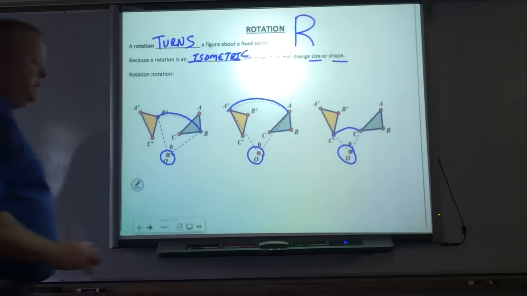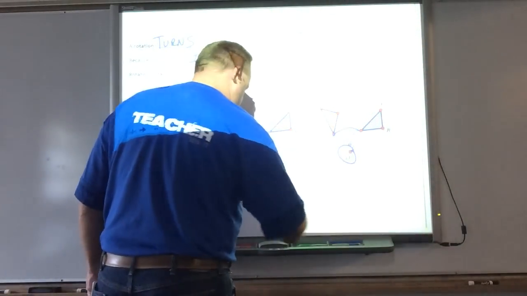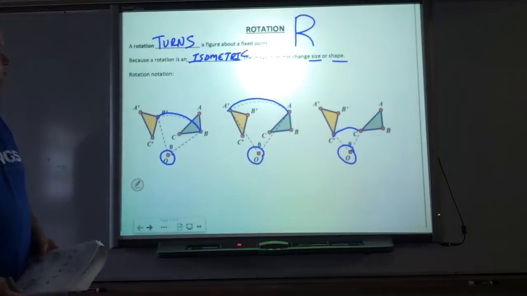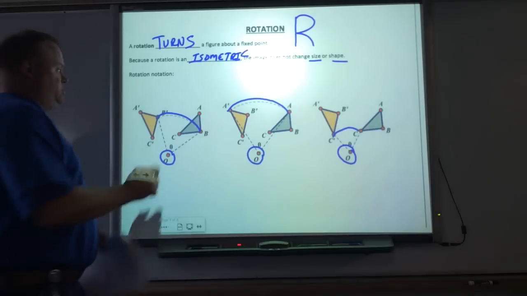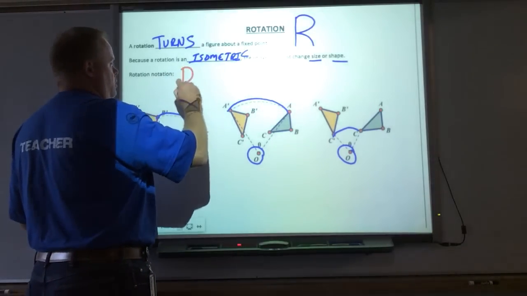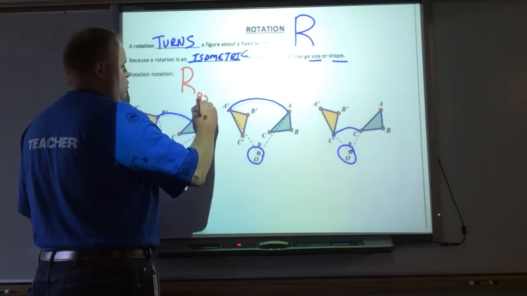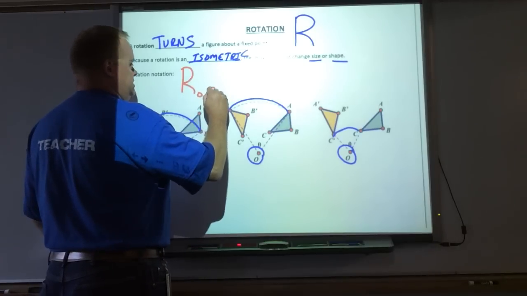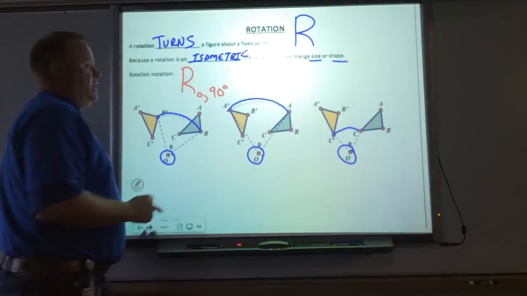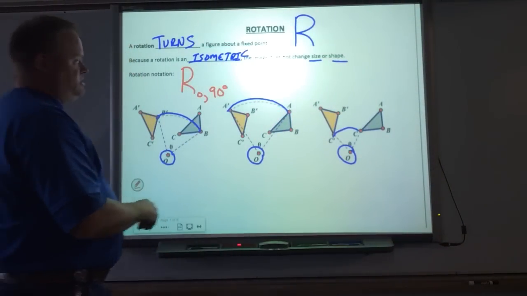If I'm going to use the rotation notation, I'm going to write this nice and red for you. Rotation notation is going to be a capital R, followed by what my rotation is. So let's say it's 90 degrees and I'm talking about triangle ABC.